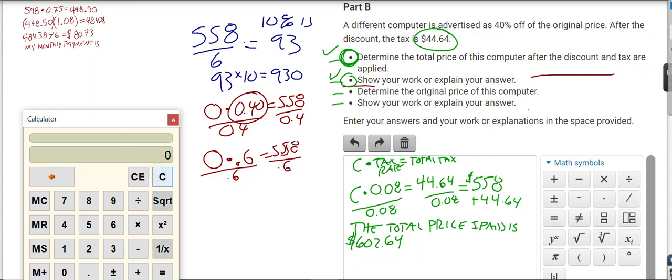So let's see if we get Levi's answer now. Oh, look at that. We get the same thing. So what I like to do is remember we're multiplying the original cost by not the discount, but what remains. And that's a quicker way to do it. But obviously, Levi's way works, so you can use that too.